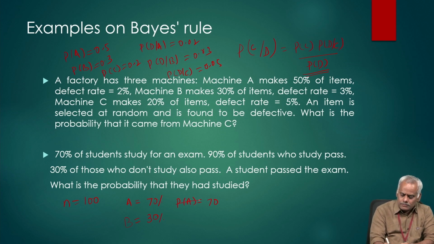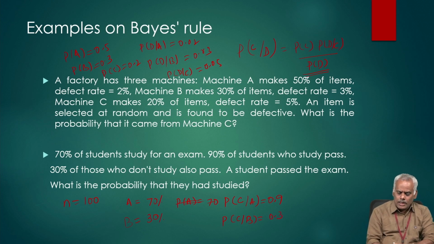If you consider student pass, that is C, probability of C given A is equal to 0.9, and probability of C given B is equal to 0.3.